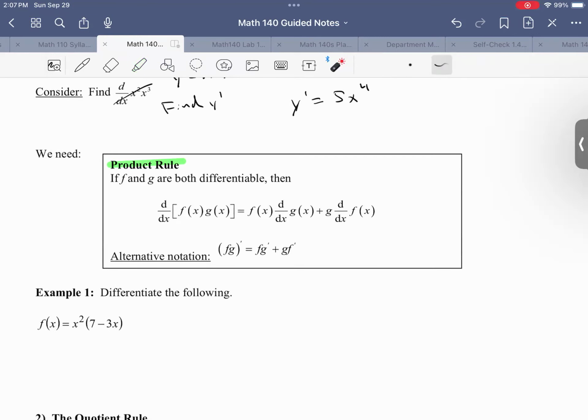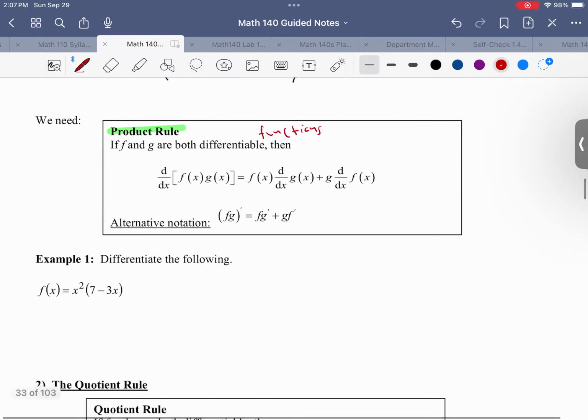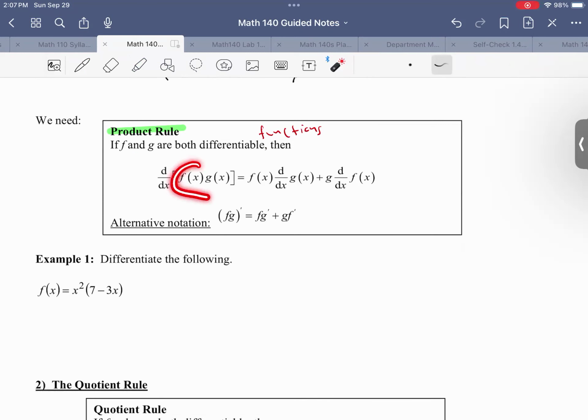So consider f and g to be both differentiable functions. What this is saying is that if I want to take a derivative of the product of f and g, these two differentiable functions, there's a formula for that, which would be f of x times the derivative of g of x, meaning g prime of x, plus g times f prime of x.